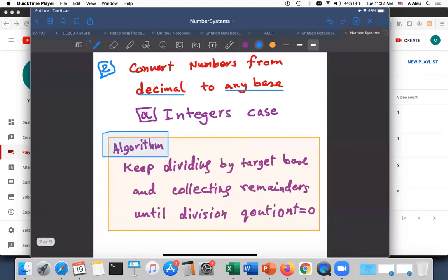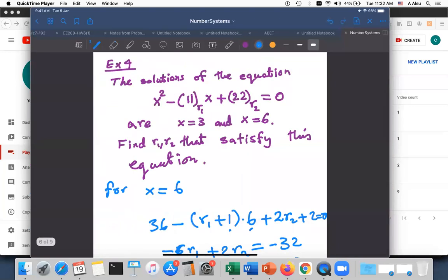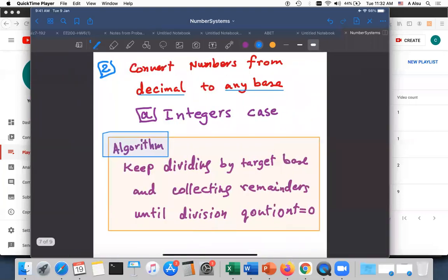Now, if you don't have questions, I'm going to move on to the next subject, which is conversion from decimal to any other base. We are going to discuss today the integer case. The algorithm is simple here.